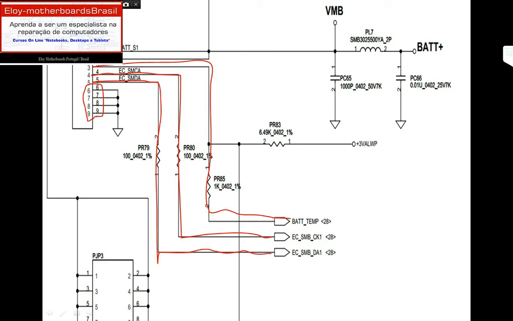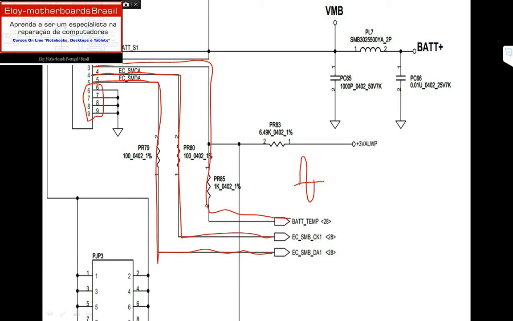The working clock you will find as a sinusoid right here, from the crystal: 25, 14, 48, 32. But there's a second clock on the motherboard called the synchronism clock, and that clock always works with data. As we see right here, pin 4 and pin 5 are data and clock.